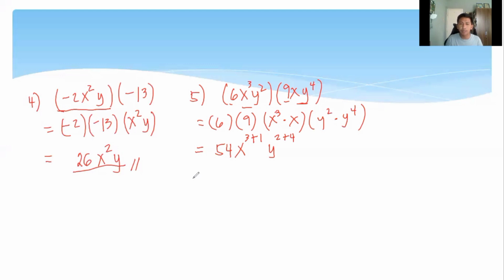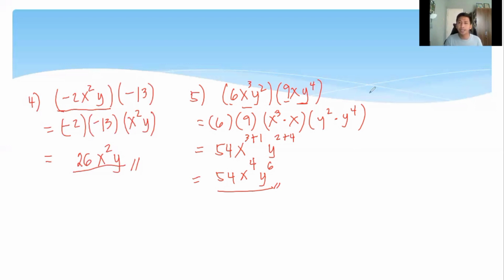So this will give us now 54 x raised to 3 plus 1. This will give us a sum of 4. While y raised to 2 plus 4, this will give us a sum of 6. So our final answer would be equal to 54x raised to 4, y raised to 6. That's the product now when you multiply 6x cubed y squared by 9xy raised to 4.